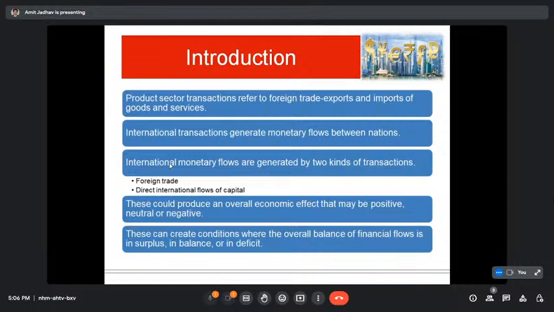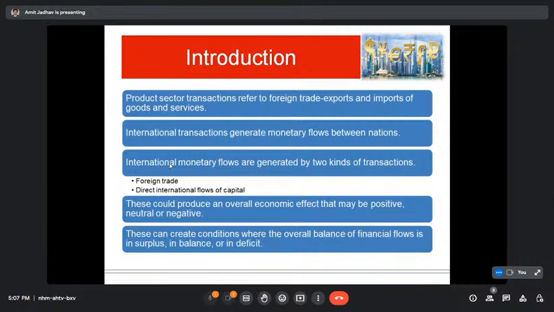This can create a condition where the overall balance of financial flow is in surplus, in balance, or in deficit. So overall, the financial flow in terms of foreign trade or foreign capital may be surplus, deficit, or balanced.